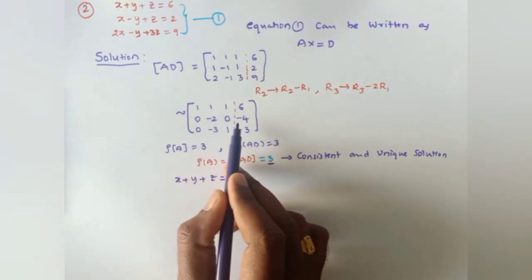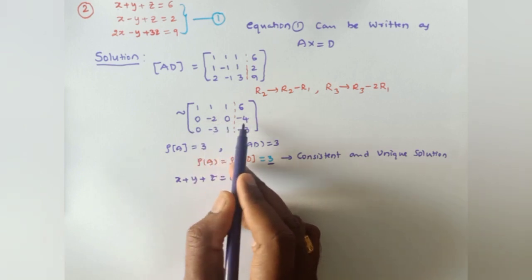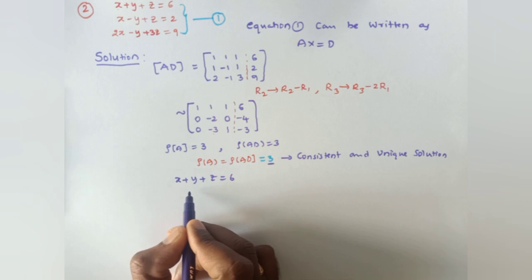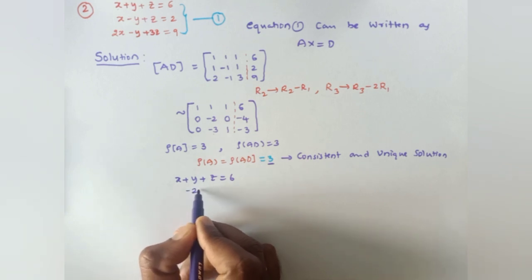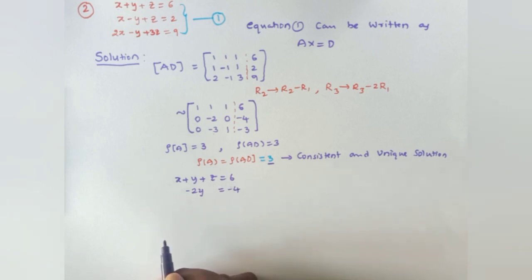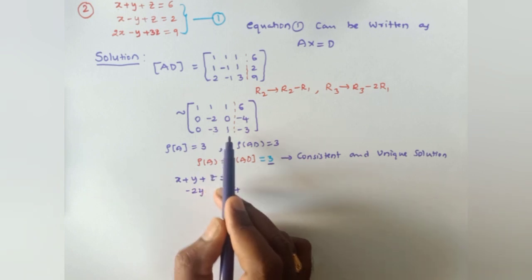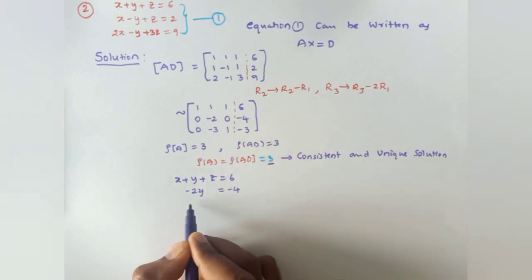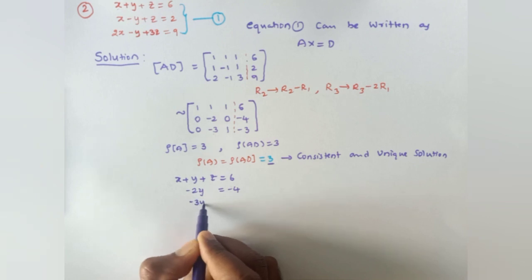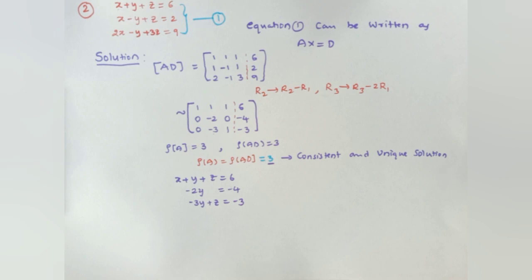Next, second equation: 0 into x minus 2 into y plus 0 into z is equal to minus 4. So what happens? Only minus 2 into y is equal to minus 4. Got it? Next, 0 into x plus minus 3 into y plus 1 into z equals minus 3, meaning minus 3y plus z is equal to minus 3.